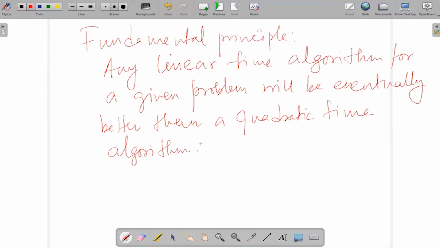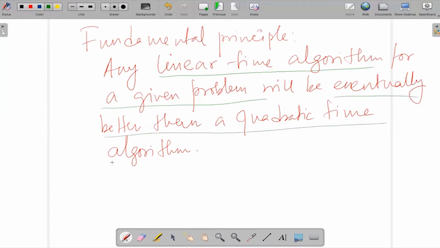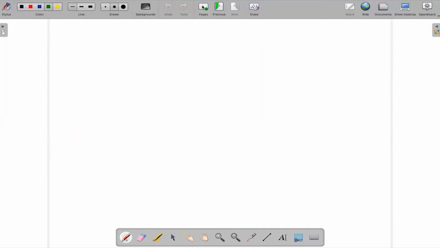The idea is that any linear time algorithm, for a specific problem in hand, will be eventually better, or more efficient, than a quadratic time algorithm. We will soon see an example for this.